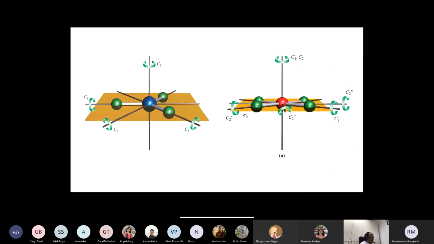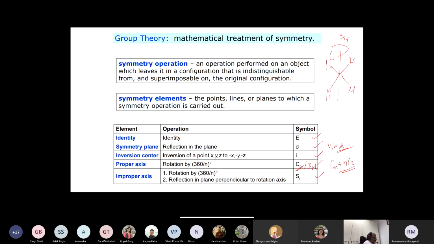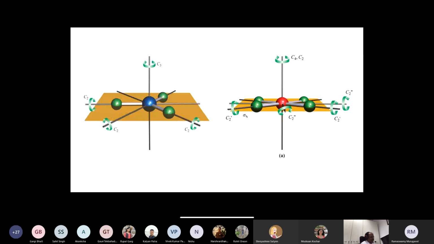because once you know the operations, you can build the point groups. Here I have taken a molecule. The one on the left is probably BF3, with boron in the middle and three fluorines.